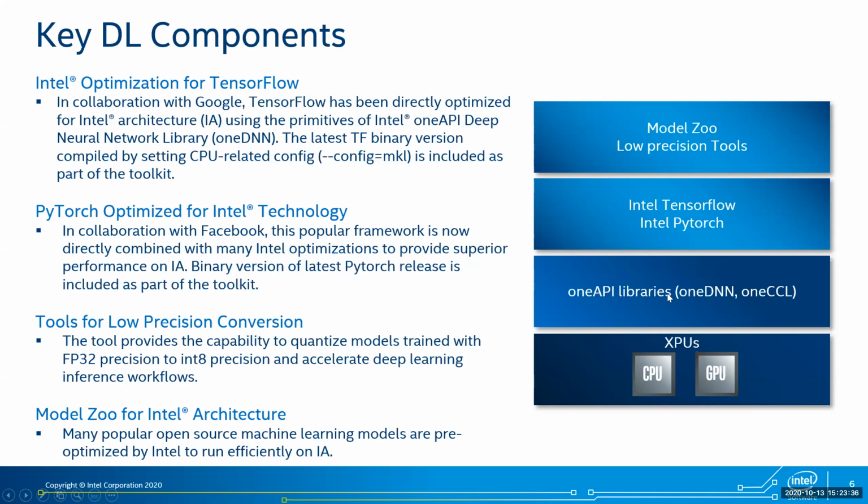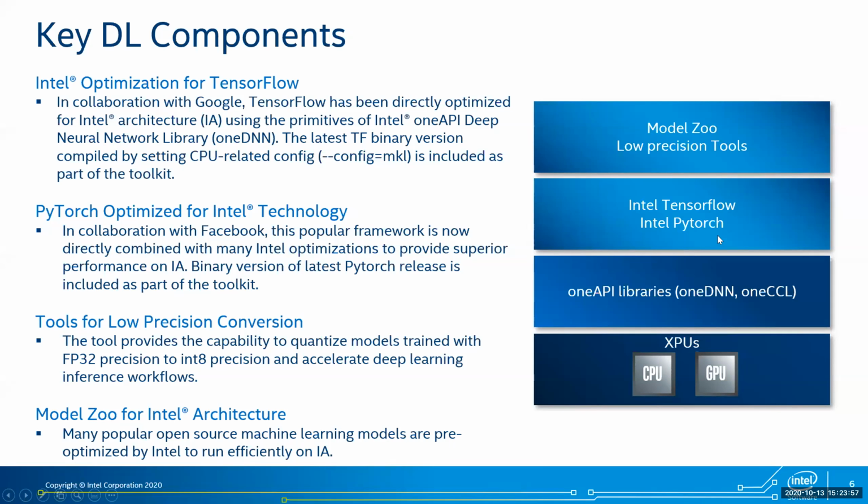On top of those oneAPI performance libraries, we have Intel TensorFlow and Intel PyTorch, which are popular deep learning frameworks in Python. Both Intel TensorFlow and Intel PyTorch will be accelerated by the oneAPI library.